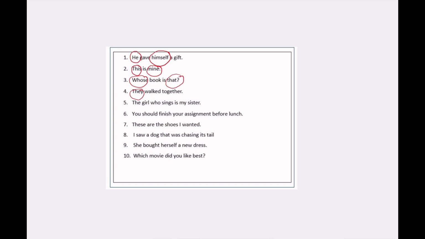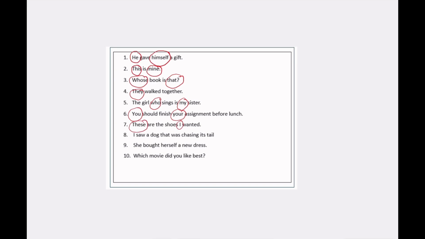They, personal. The girl who sings is my sister. Who, relative. My, possessive. You should finish your assignment before lunch. You, personal. Your, possessive. These are the shoes I wanted. These, demonstrative. I, personal.